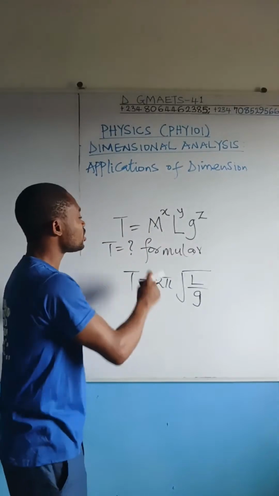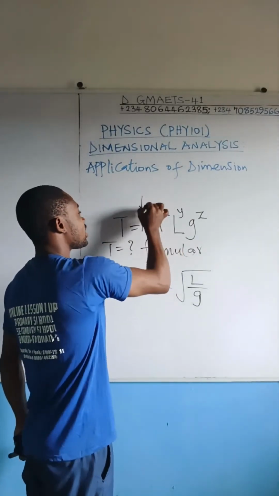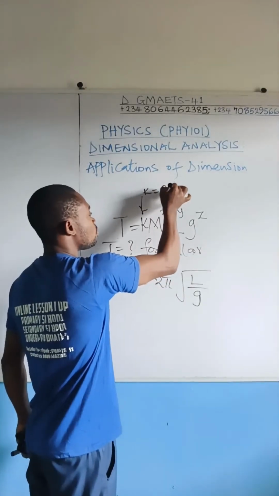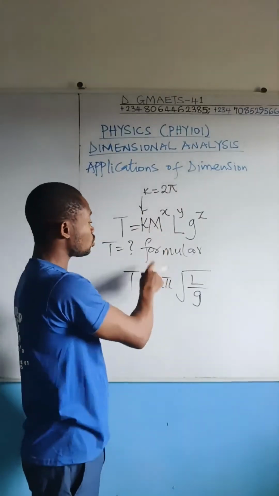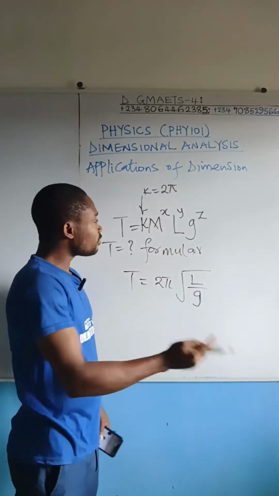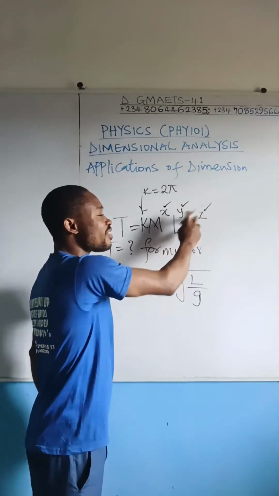All you have to do is, from this information given to you, let me introduce K here, where K is a constant equal to 2 pi. Yes, because for this formula, that's the condition. All you have to do is find a way to get your x, your y, your z. These have values.